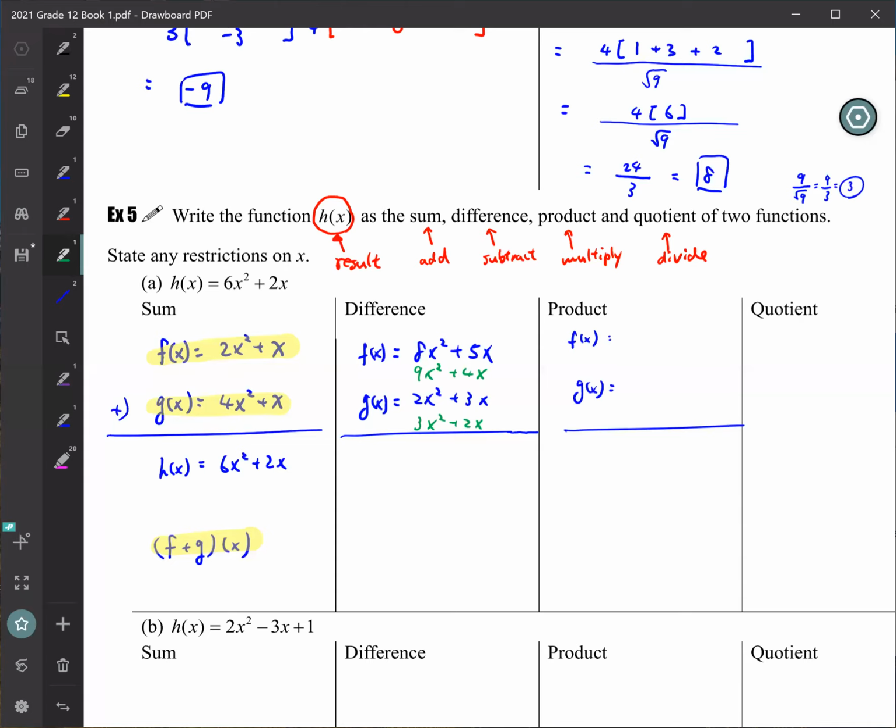Of course, you can try to do g minus f to get the result, but then you need to specify at the end that you are doing g minus f, because if you do g minus f, you will get a different answer. It won't be correct. So in your answer, you have to show f, g, and the operation you are using.